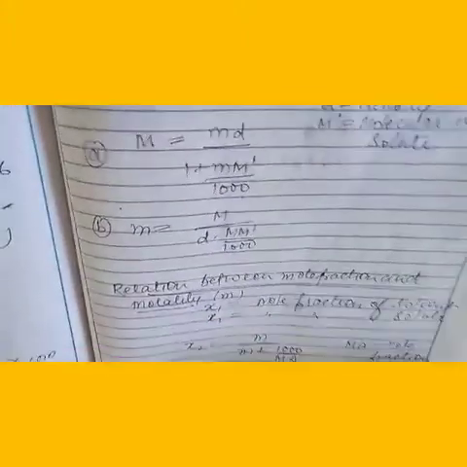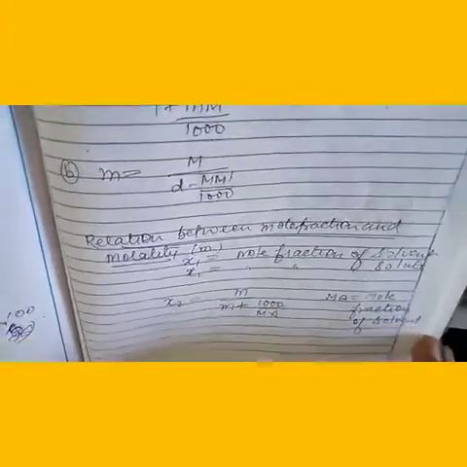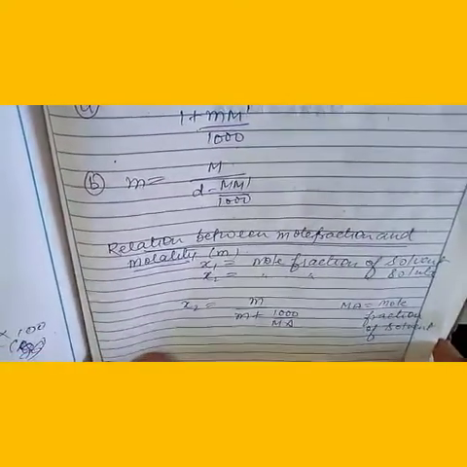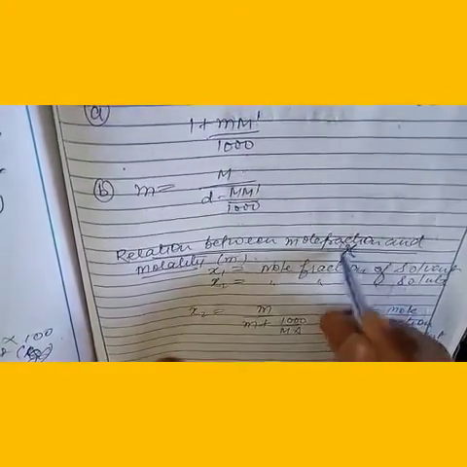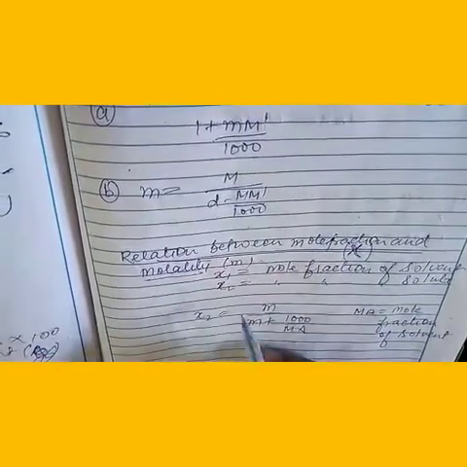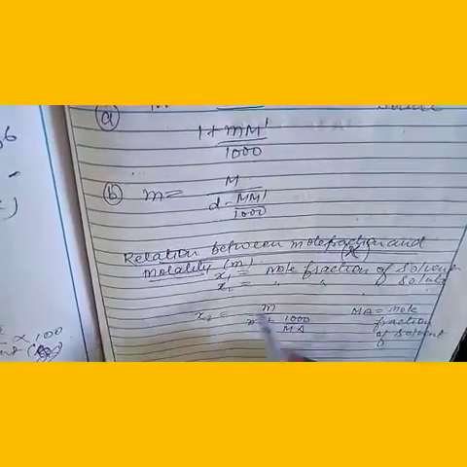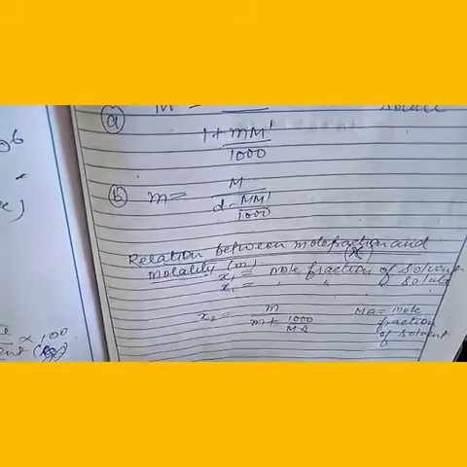Now similarly the next one, relationship between mole fraction and molality. Mole fraction we know is represented by chi, or you can say x. x1 means mole fraction of solvent, and x2 is the mole fraction of solute.